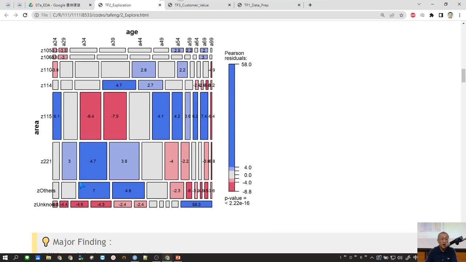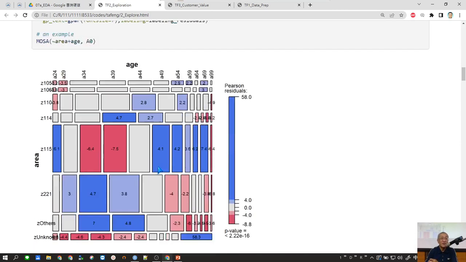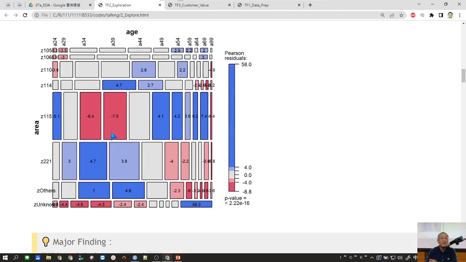And this chart is what we call a mosaic plot. It helps us see the joint distribution of age and area. Still, it counts the number for each age and area combination.